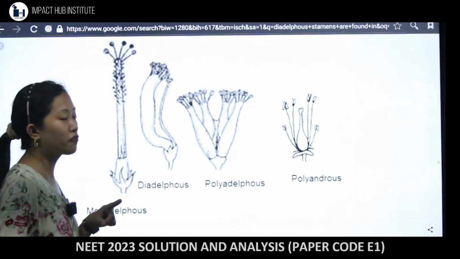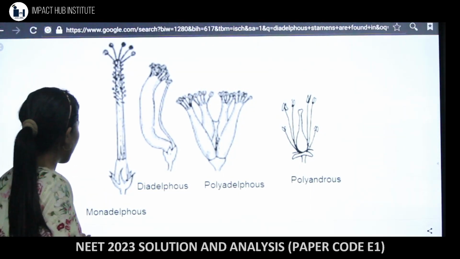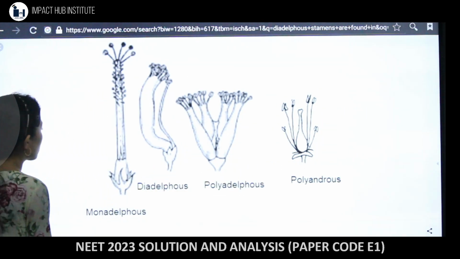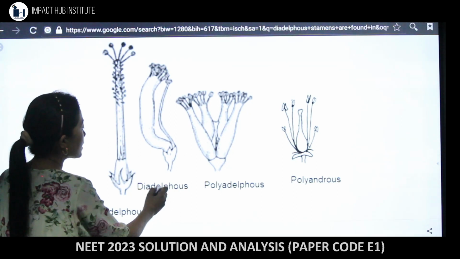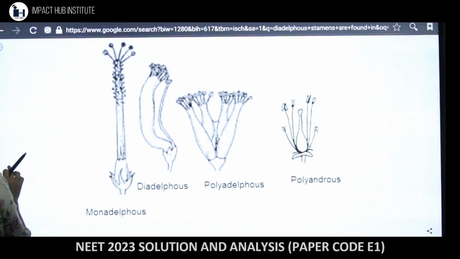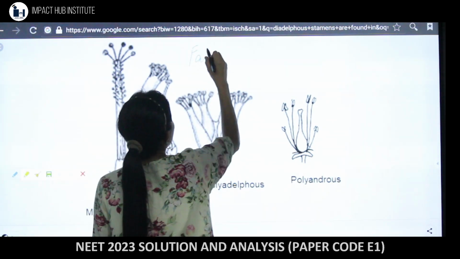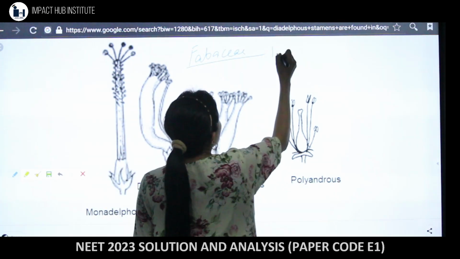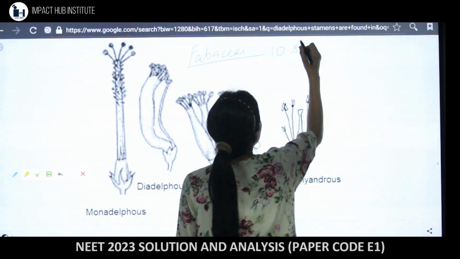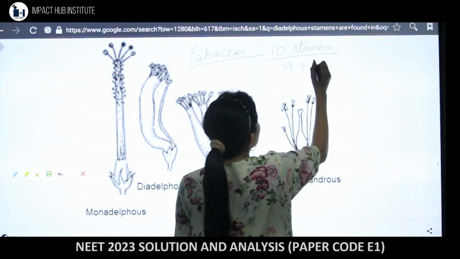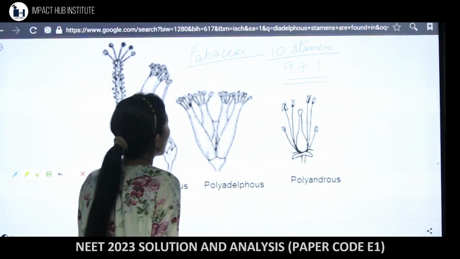There are 4 different types of arrangement of stamens in a flower: monoadelphous, diadelphous, polyadelphous, polyandrous. Diadelphous is the condition we are talking about in Fabaceae. In the Fabaceae family, they have 10 stamens, and these 10 stamens are arranged in this condition, 9 plus 1.